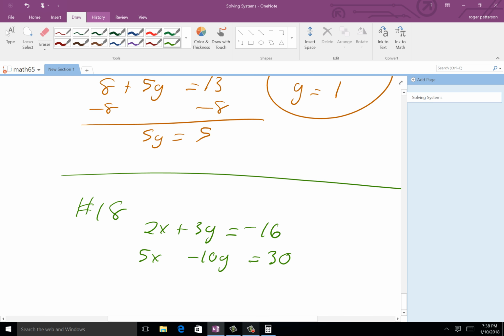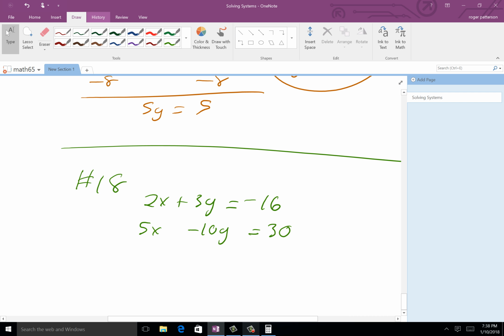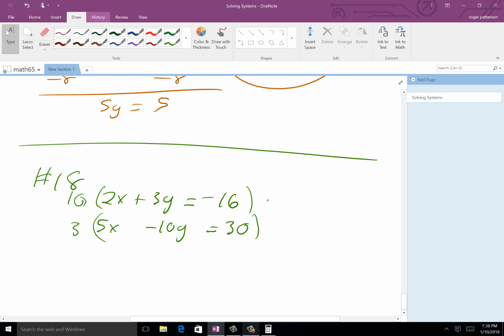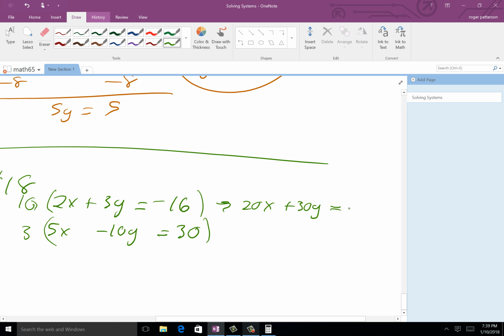Obviously we're eliminating. I multiplied the top by 10 and the bottom by 3. What are you eliminating? Y. Okay, so I did that as 30. Okay, so then we're going to get this. And this.